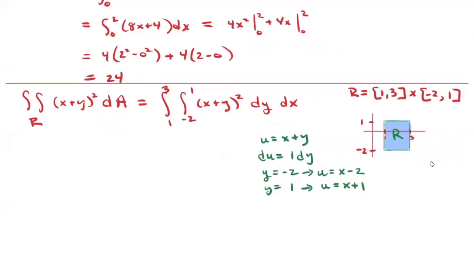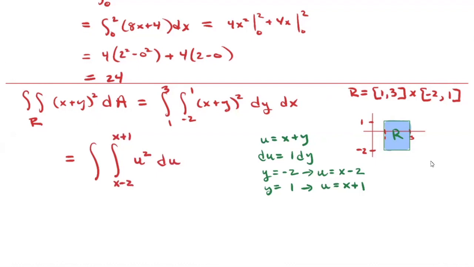So just observe how the integral changes now. The integrand is really nice. It's (x + y)^2, but that's just u^2 dy, but dy is just du. Now the limits on u are where it gets ugly. u goes from x - 2 to x + 1.